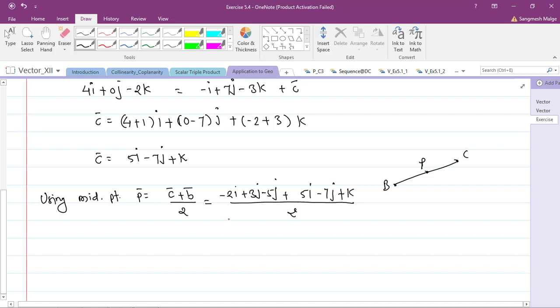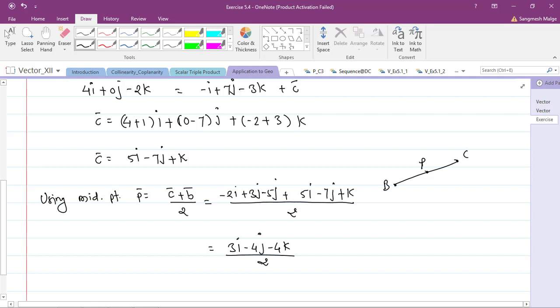That equals minus 2 plus 5, which is 3I, 3 minus 7, which is minus 4J, and minus 5 plus 1, which is minus 4K, whole divided by 2.